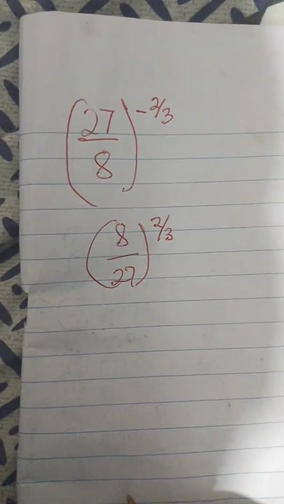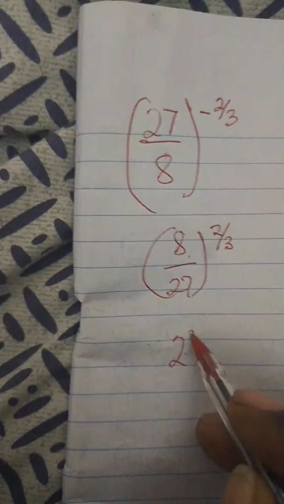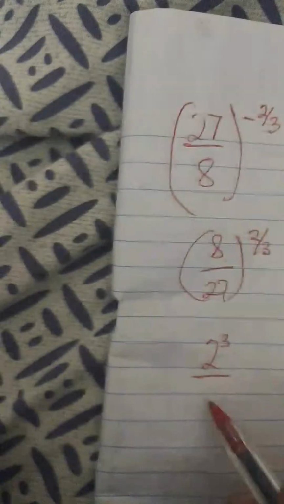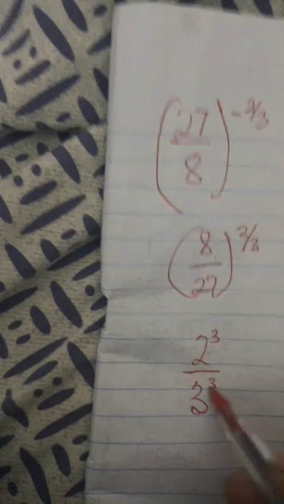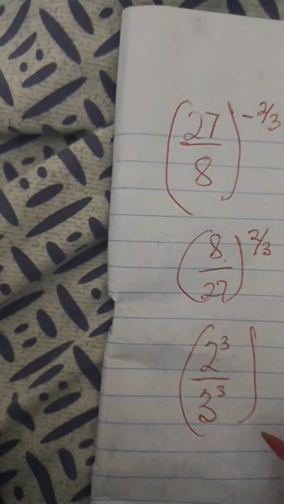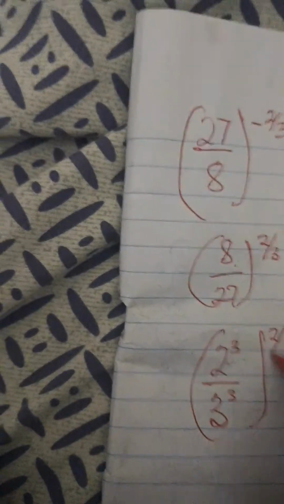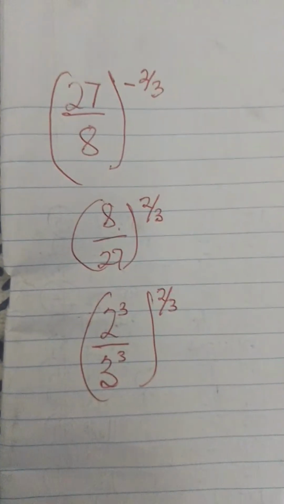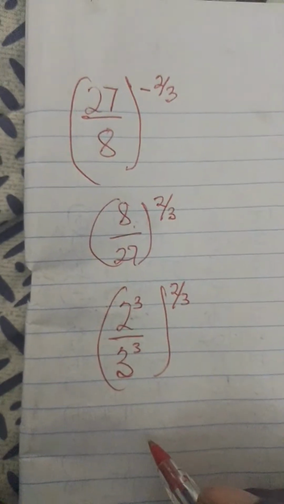Right. So when you come here, you have to replace it to the 8. So the exponential number comes 2 exponent 3 on the 27, which becomes 3 exponent 3. So all to the exponent of 2 on 3. Right. So with this, you can expand the bracket.